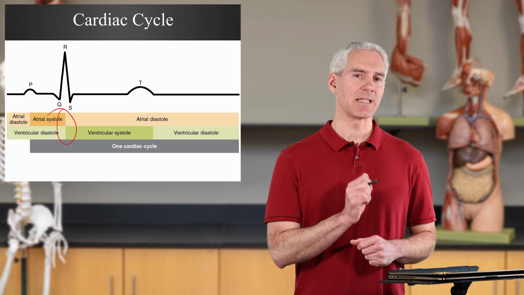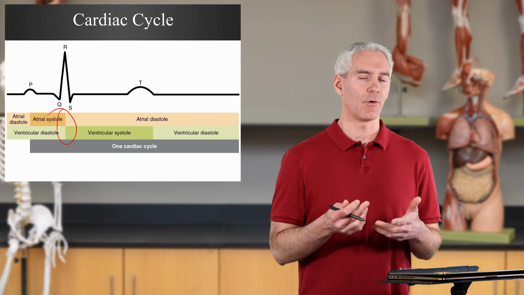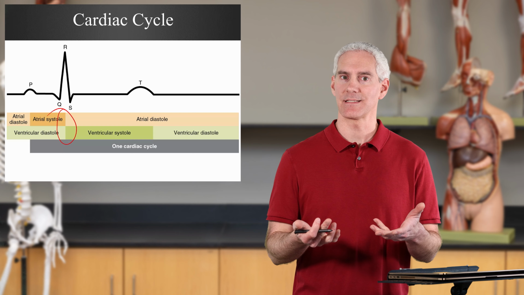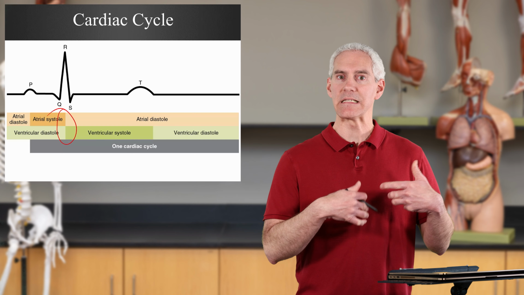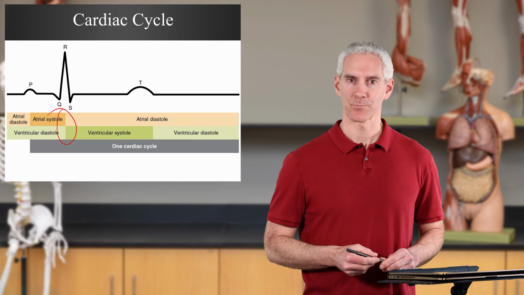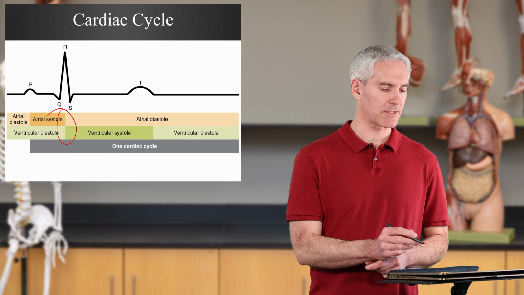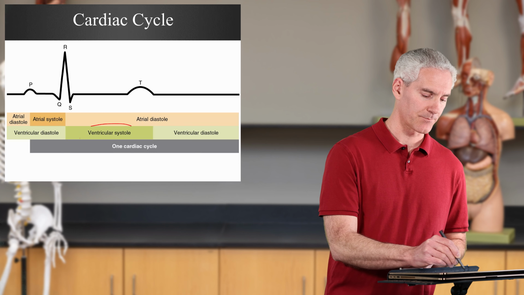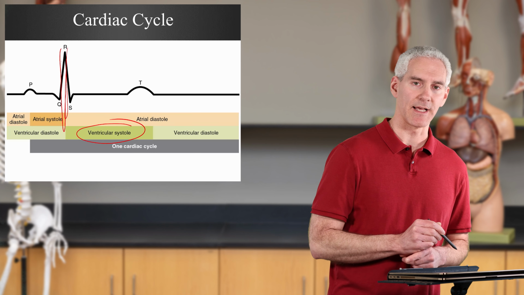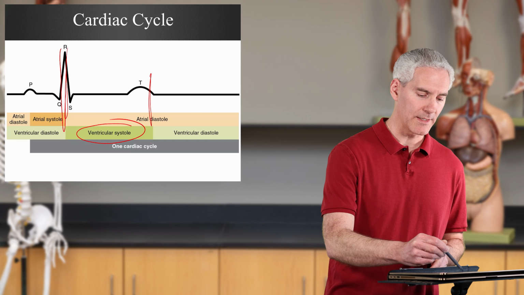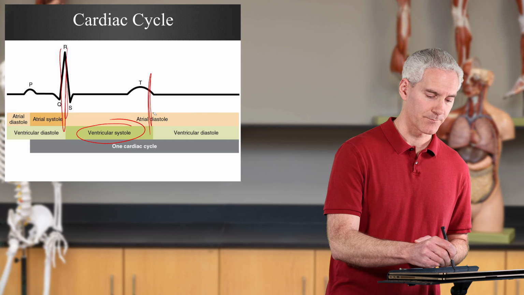At that same time, the QRS complex is saying, we're going to start ventricular systole. We're going to depolarize the ventricles. So that's the point where you start ventricular systole. Now the ventricles are contracting from the QRS complex all the way until the T wave.